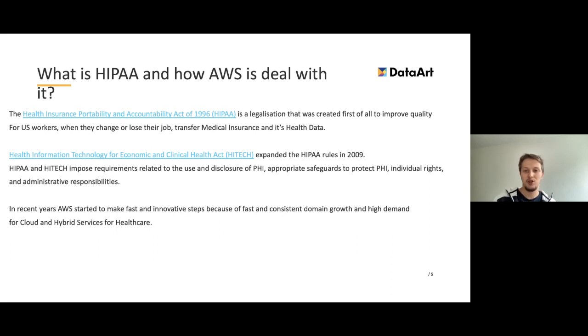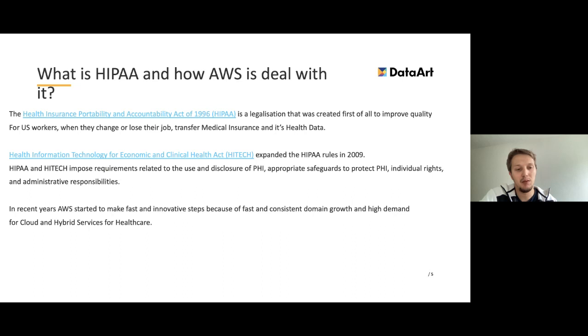So basically, it standardizes this data to move it across the different organizations that the workers are using. The HITECH Act expanded the HIPAA rules in 2009, and basically it covered more different stuff in our area in IT to protect PHI, individual rights and administrative responsibilities.